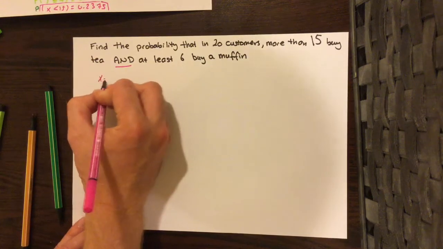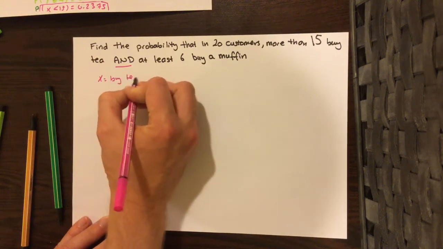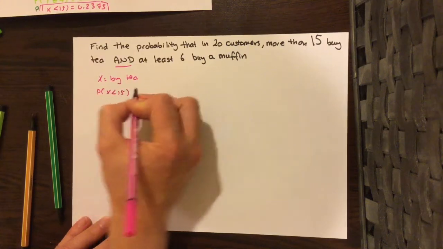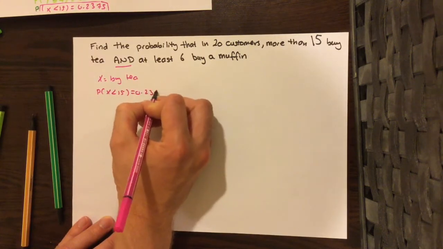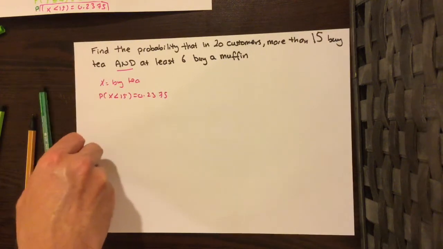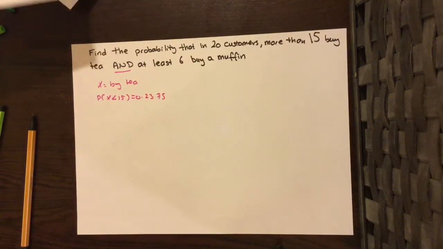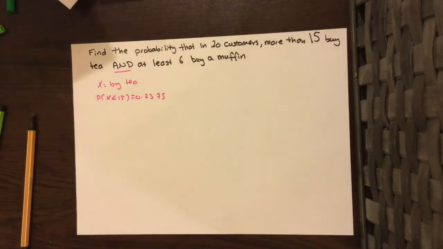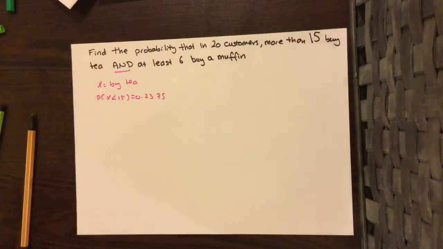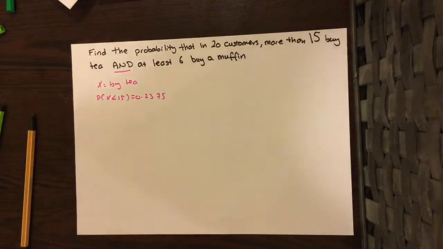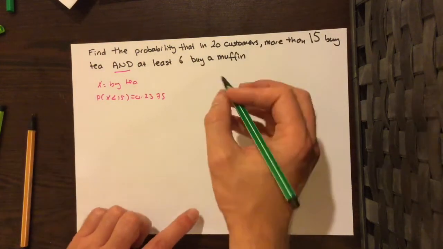So x is buy tea, and the probability that x was less than 15 was 0.2375. So we only need to work out the other case, of at least 6 buying a muffin. Well, I'm going to use N or M. Let's use N because it's random.